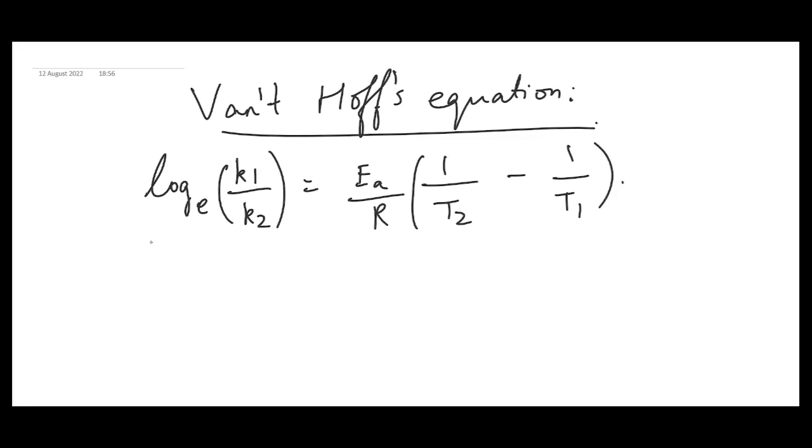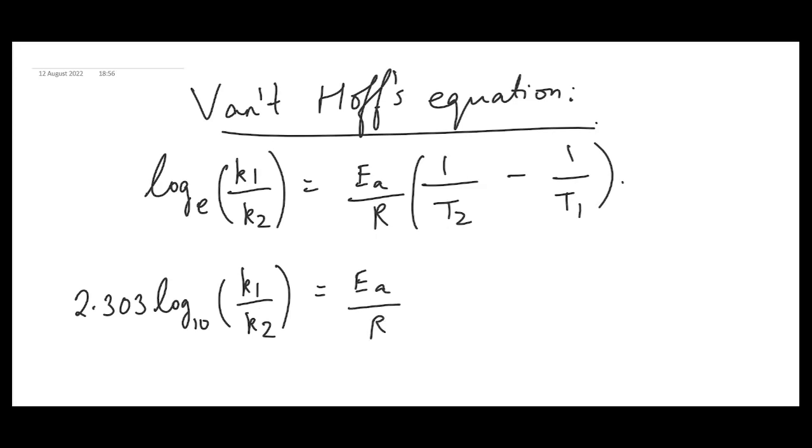And if you want to introduce logarithm to the base 10, we just have to multiply a constant 2.303 into log of K1 by K2, which is equal to EA by R into 1 by T2 minus 1 by T1. So this is nothing but the Van 't Hoff's equation.